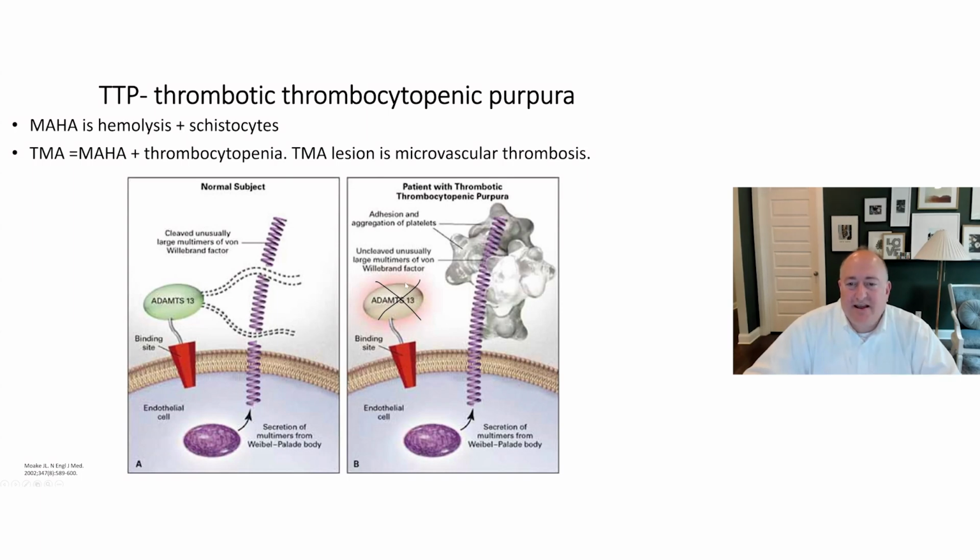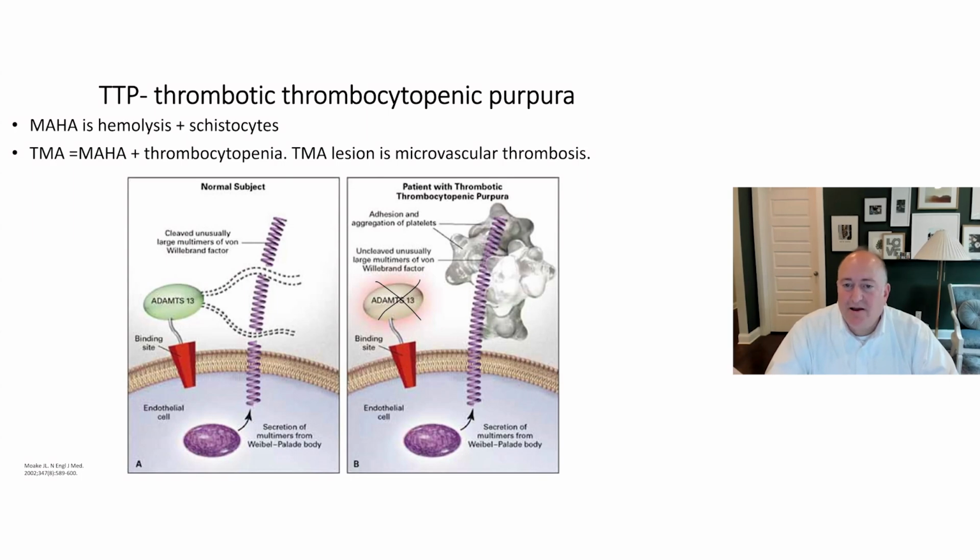In the disease state, if you don't have ADAMTS13, these very large von Willebrand factor proteins extrude into the bloodstream, and they will activate platelets. You'll get microthrombosis. As the red cells go through, you'll get schistocytes, you'll have consumption of your platelets, and due to the microthrombosis, you'll have ischemia.